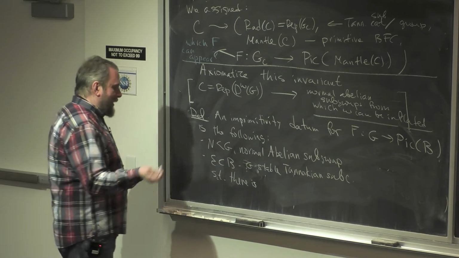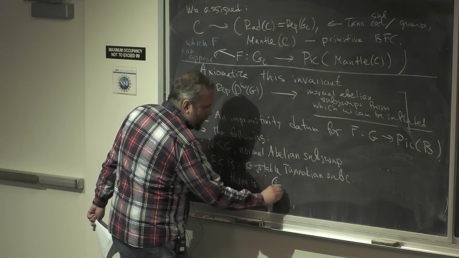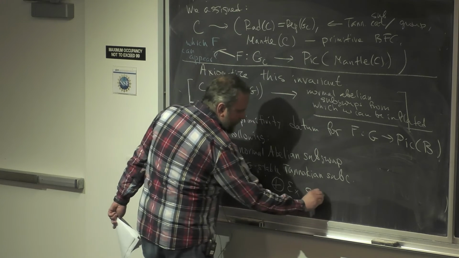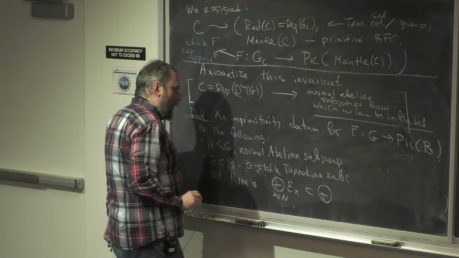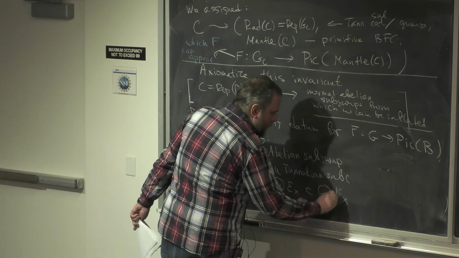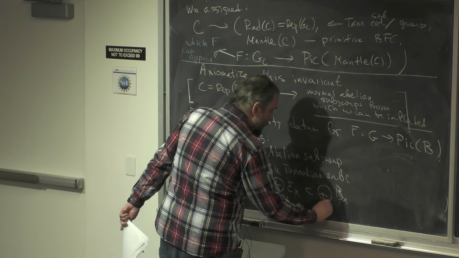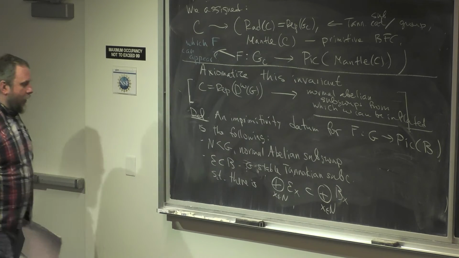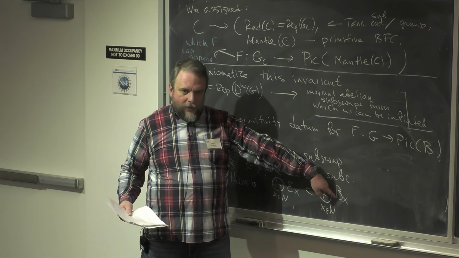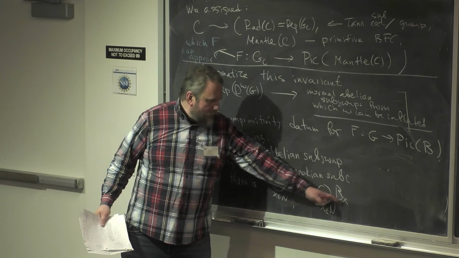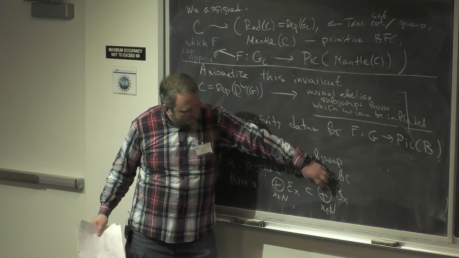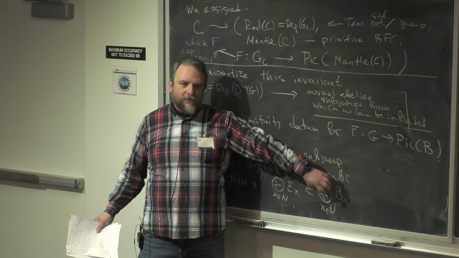a sub-extension, so let me write it down. E_X, where X is in N, inside B_X, where X is in N. So this is a graded extension of B. So suppose the trivial component has a Tannakian subcategory, and furthermore, this Tannakian subcategory is part of an extension.